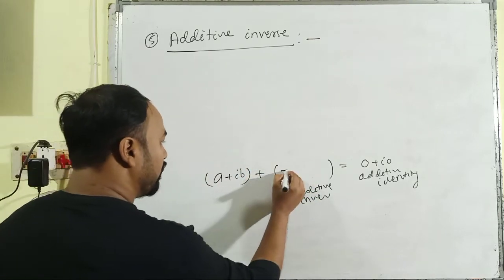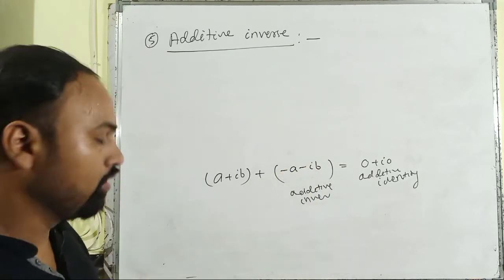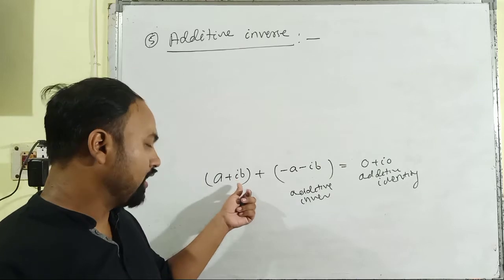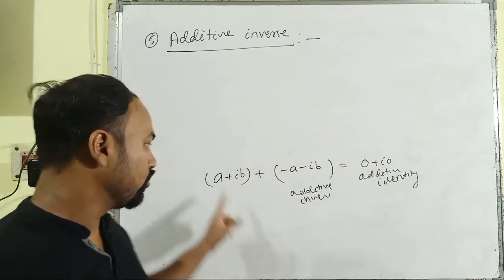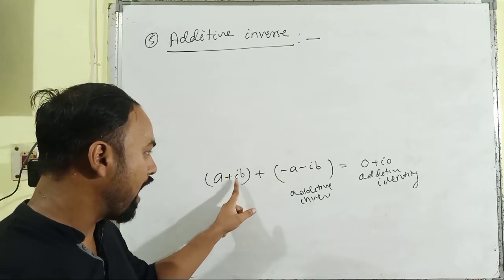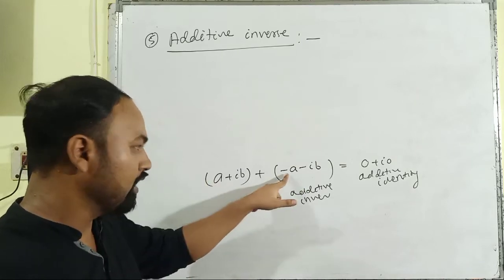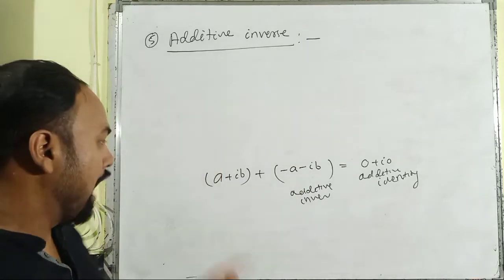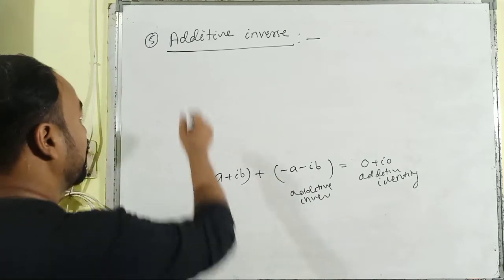So the answer will be minus a minus ib. That means we have to find the additive inverse in such a way that their result will be 0 plus I0. So the additive inverse of a is minus a, and the additive inverse of ib is minus ib. As there is a plus a, I have taken here minus a.